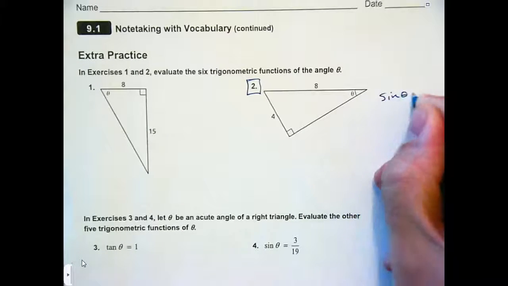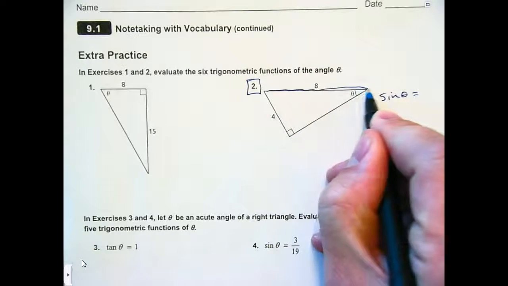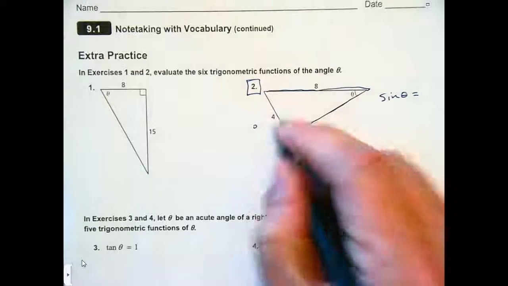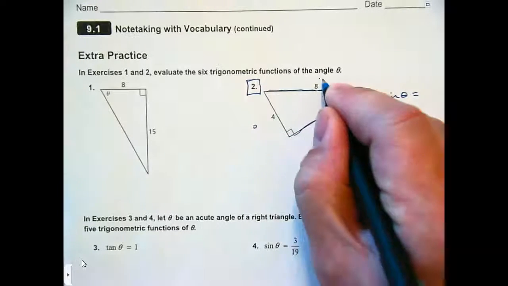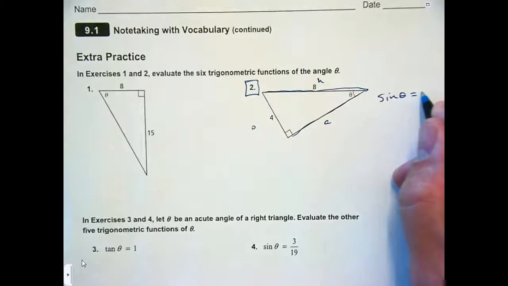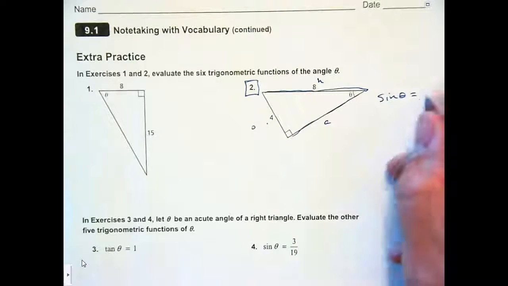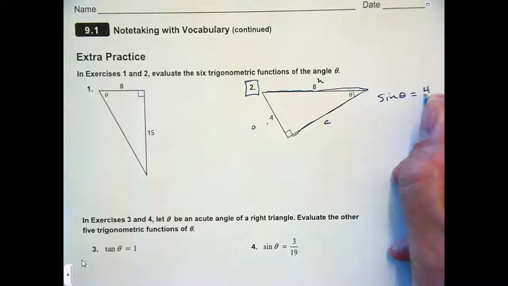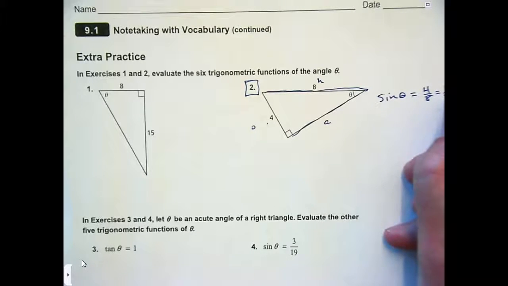Okay, sine theta is equal to, that's our opposite, that's our adjacent, that's our hypotenuse. Sine is opposite over hypotenuse, or 4/8, which is 1/2.